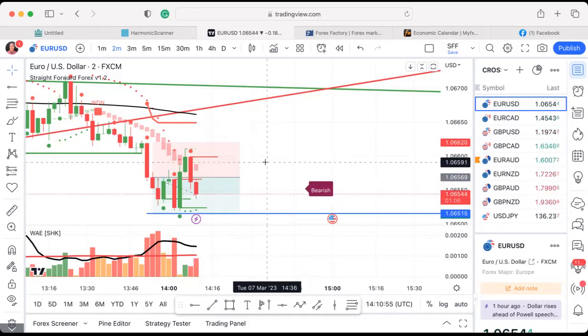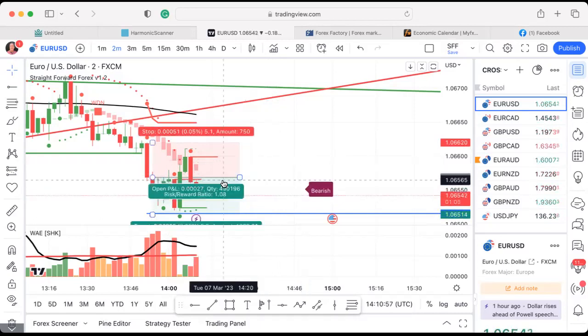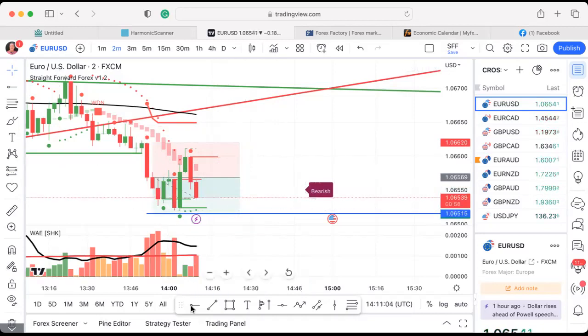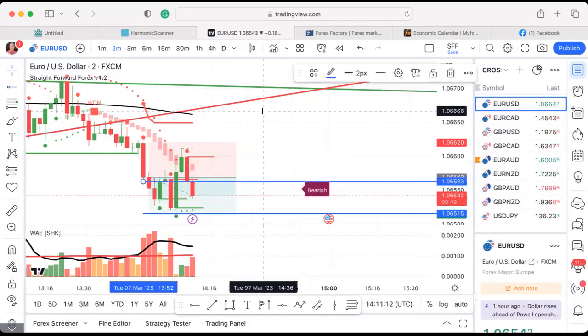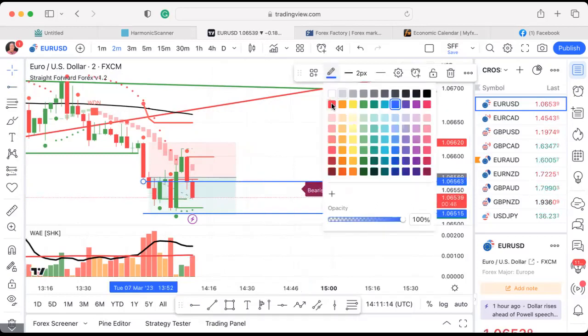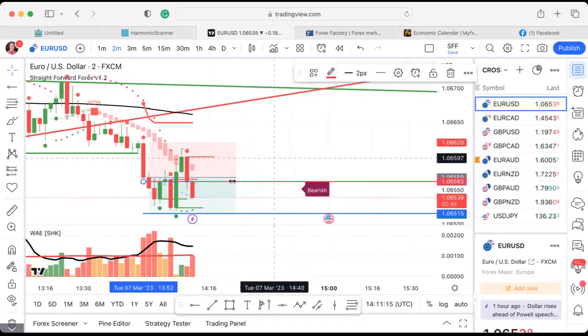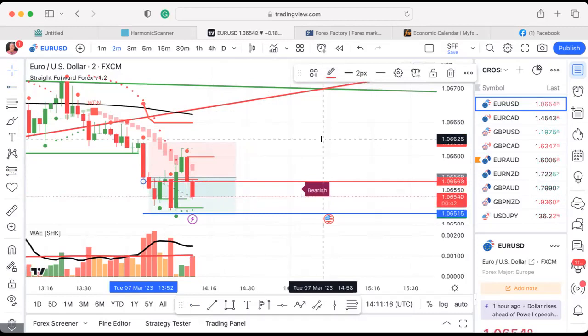If you're moving your stop loss manually, you could move it to just above break even, to that point there, and that would cover any spread and commission. That distance would cover your broker costs, and then you couldn't lose.